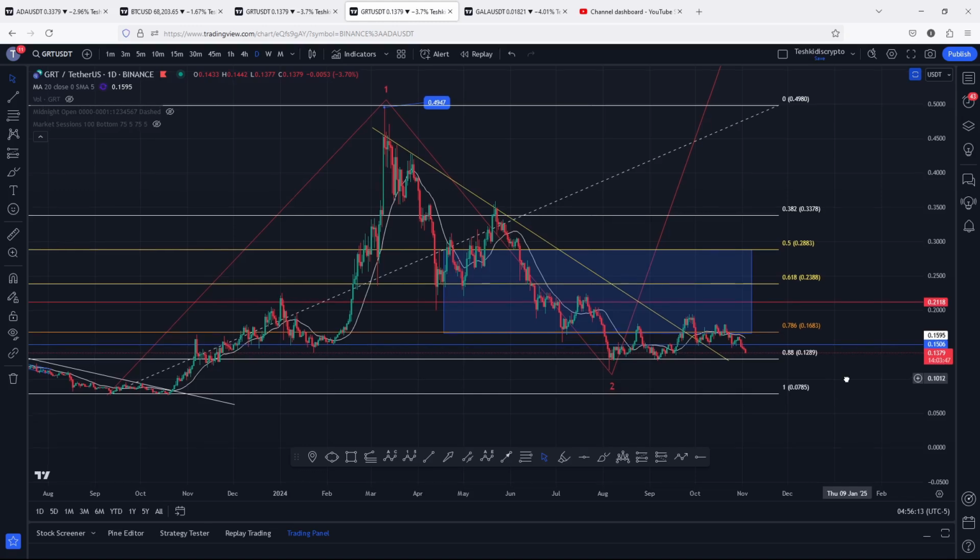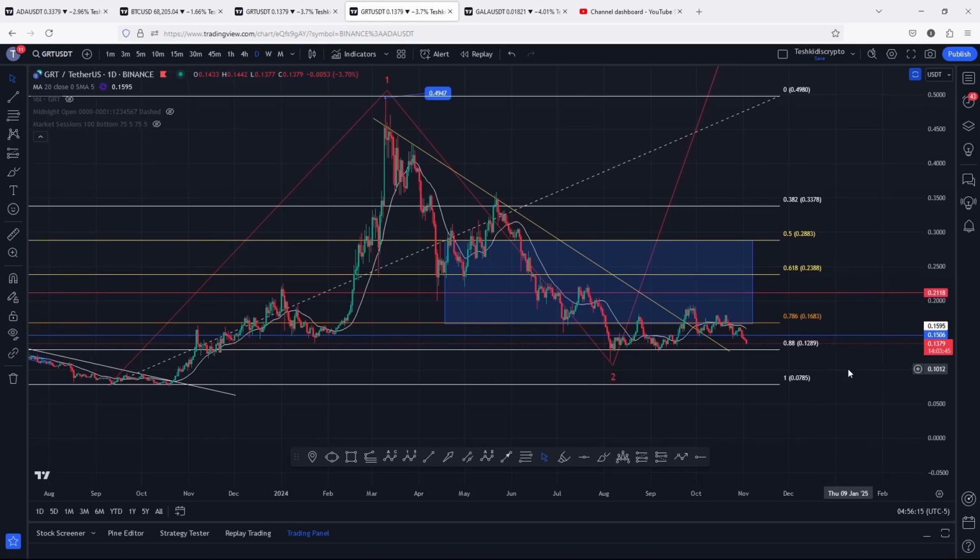And at the time of this recording, we are just slightly holding above the fib level 0.88 that lies above the 0.1289, and this is the last line of support on the Fibonacci.